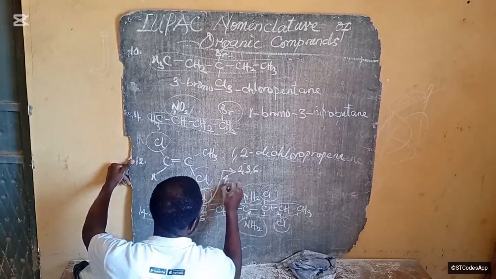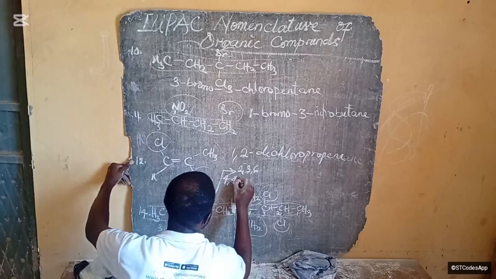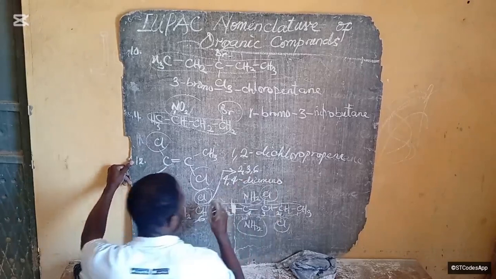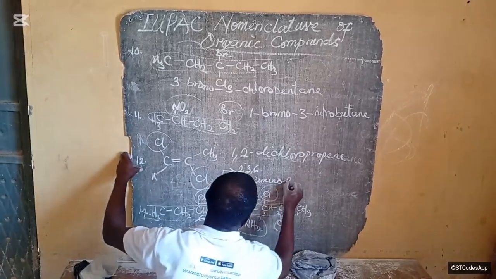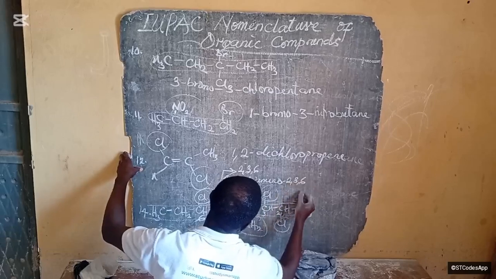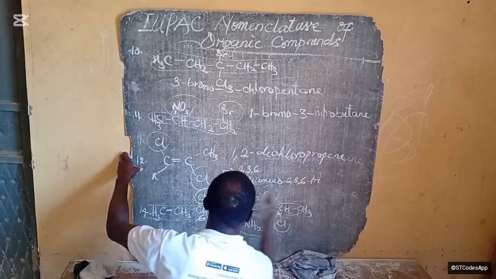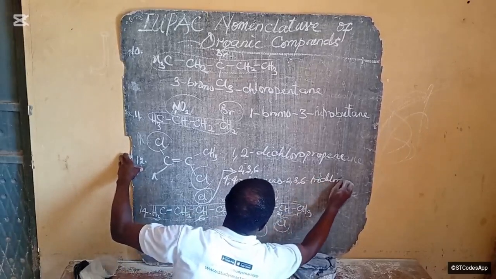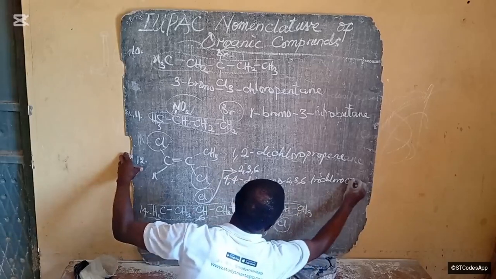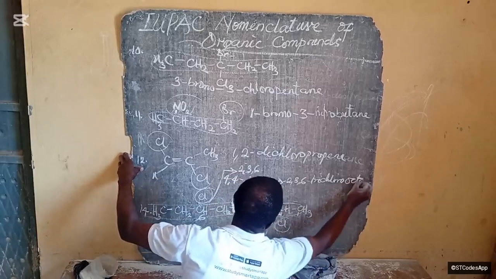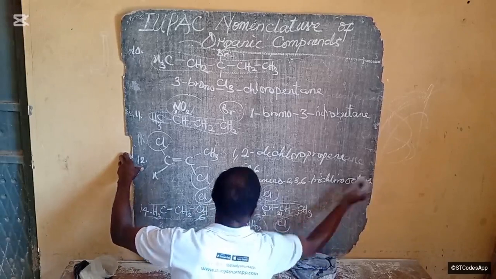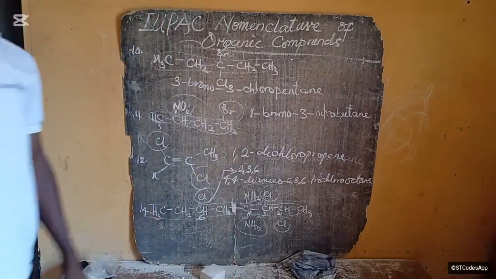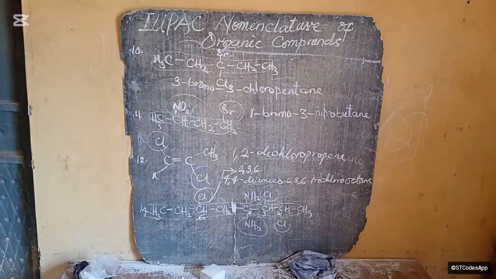So that's going to be 4, 4 diamino, then 2, 3, 6 trichloro. And we counted 8 carbons of single bonds, octane. All right. So that is going to be the name of that moiety.